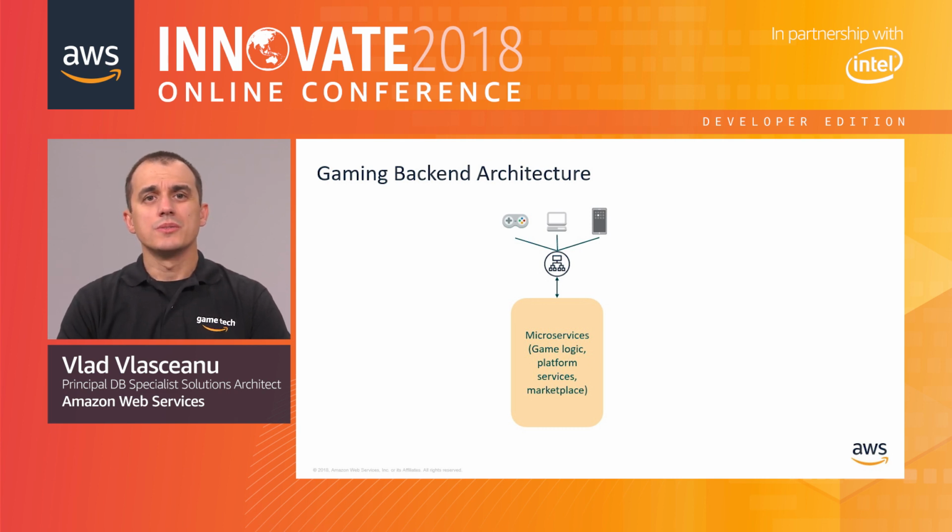Some customers use serverless architectures using Lambda and API Gateway. And other customers use dedicated gaming services like Amazon GameSparks. And in reality, many customers use more than one of these solutions. They might have a mix of that.